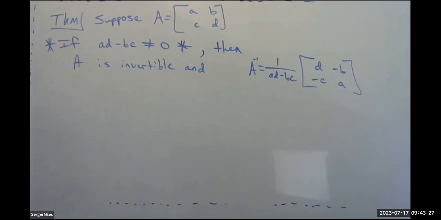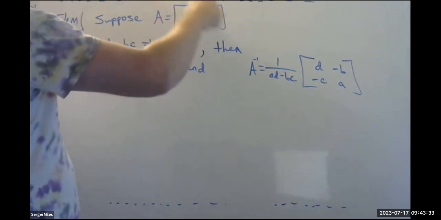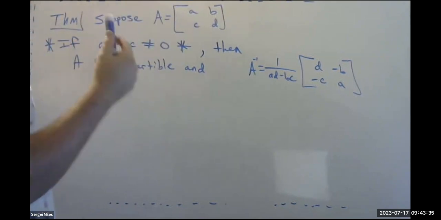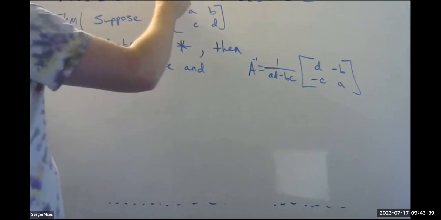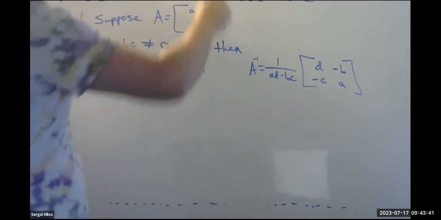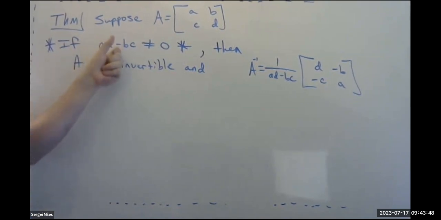Why is that? Well, we're going to talk more about that in a moment. But this AD minus BC, what is it? Well, I'm multiplying the first diagonal, and I'm subtracting what I get when I multiply the off diagonal, right? So multiply one diagonal minus multiply the other diagonal. That's what this is. That has to be not 0.